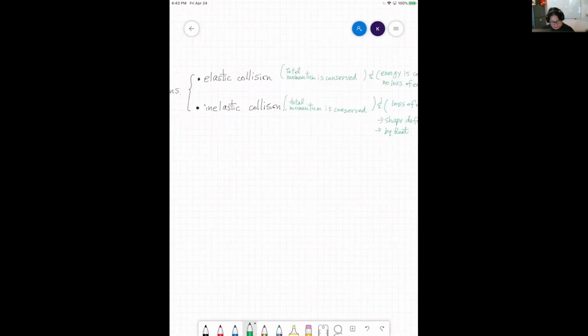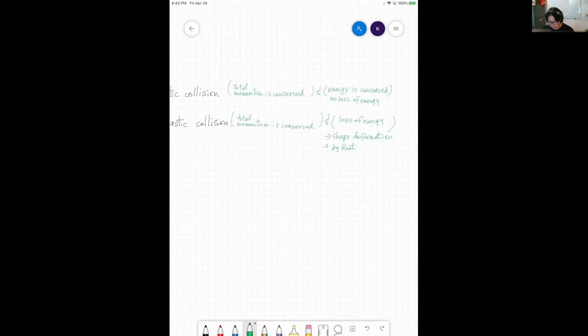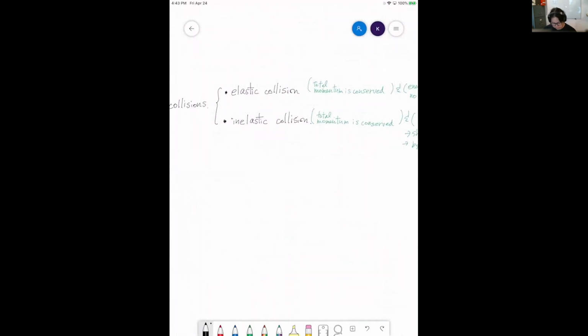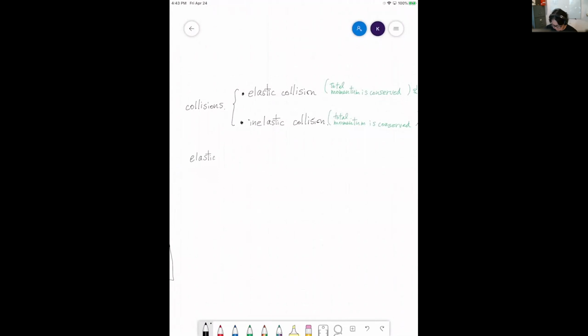And that's inelastic collision. Now an example of elastic collision: billiard balls.